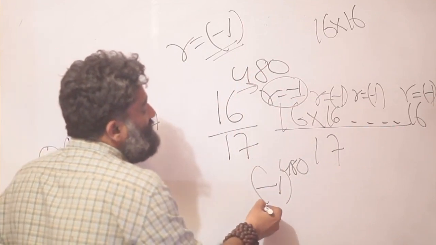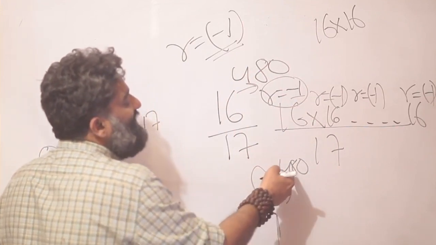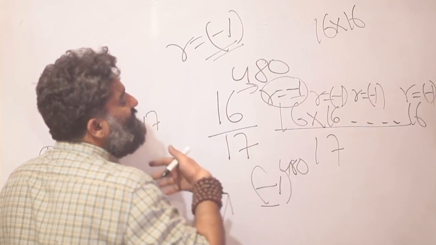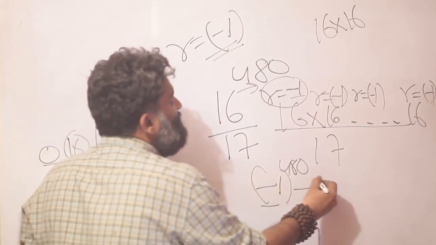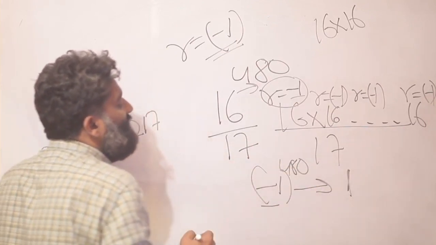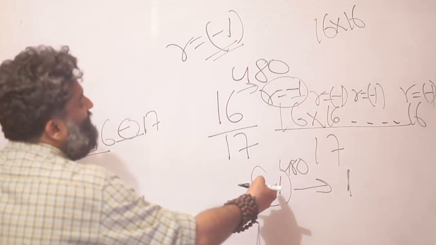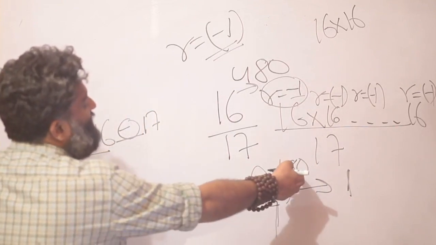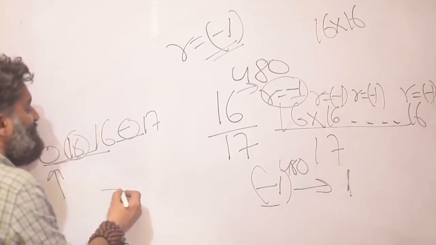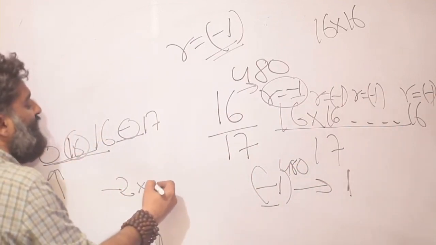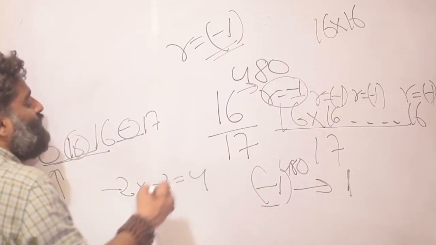Now the question becomes, a negative number raised to an even power will give you a positive number. That means the result is simply going to be 1. Why is that? Why does a negative number raised to an even power give you 1? Very simply, if you take minus 2 into minus 2, you get plus 4.